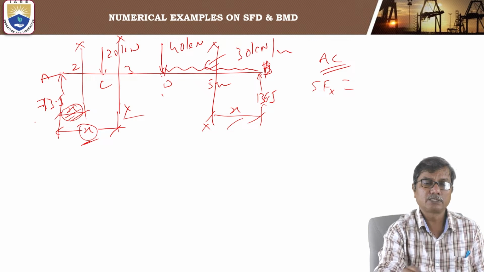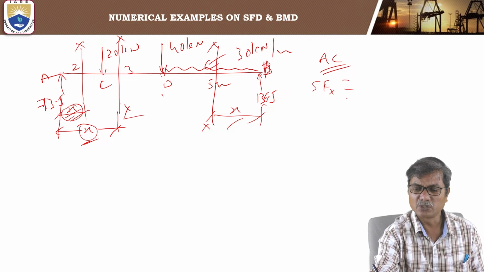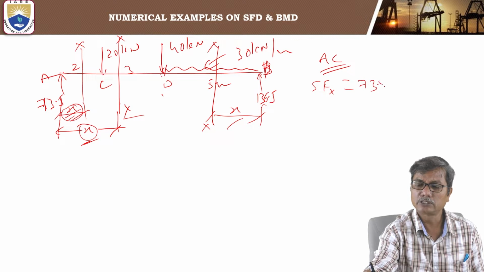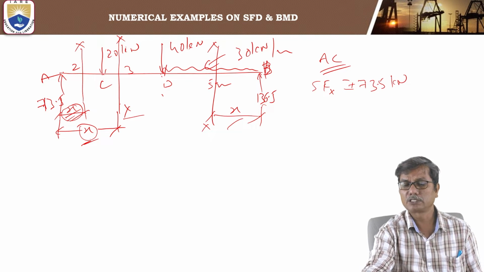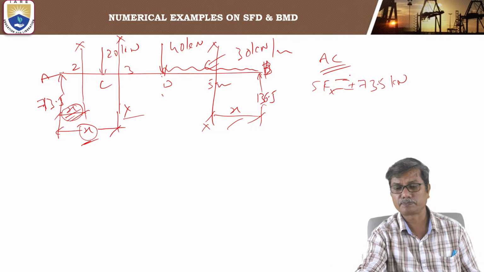The forces acting to the left are the reaction RA only, so that is upwards. So left side upwards is positive. So the shear force at A is 73.5 kilonewtons. It is positive because the convention that we follow is left side upwards is positive.